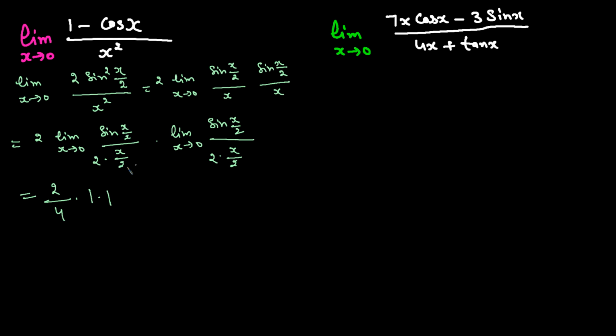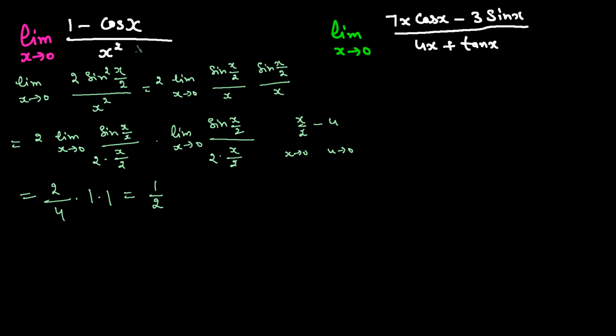And again, if we want, we can do the substitution x over 2 equals u, as x approaches 0, then u approaches 0, and we can plug in u over here, which gives the same answer. So when we solve it, this gives me 1 over 2. So the limit of 1 minus cos x over x squared is basically 1/2.